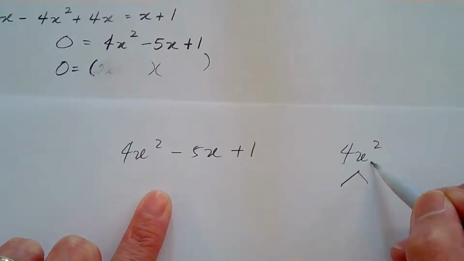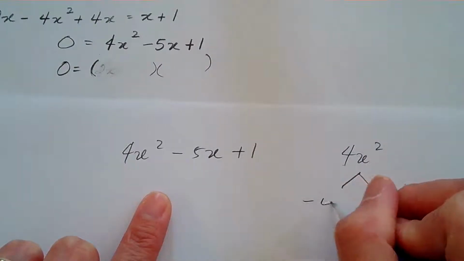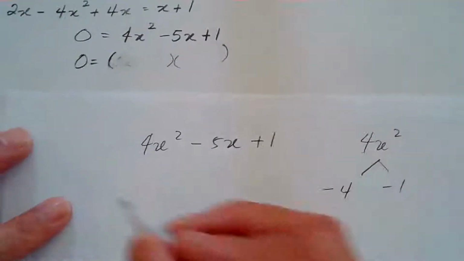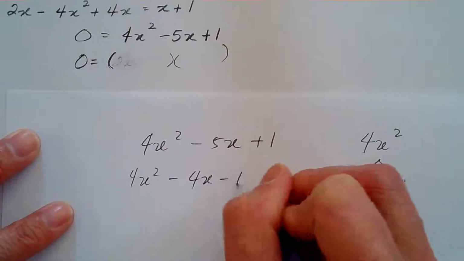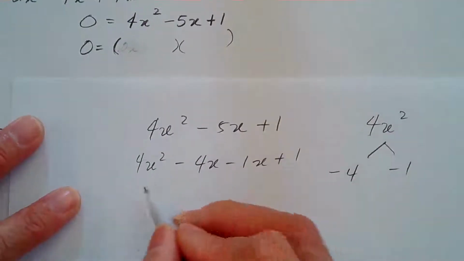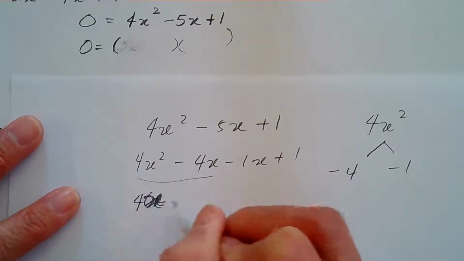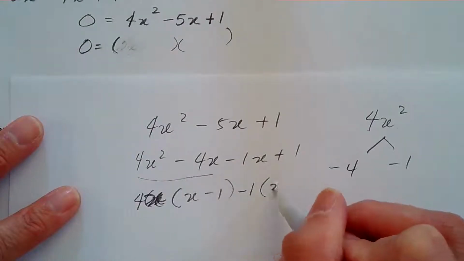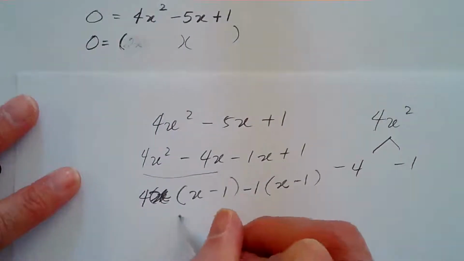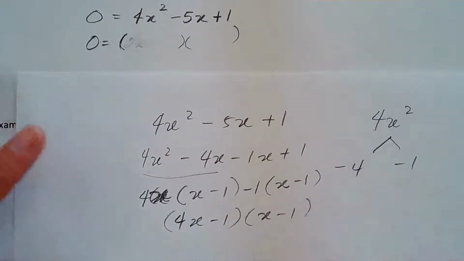Factors of that will give us negative 5x, so it's going to be negative 4, negative 1. 4x is a common factor, so it's x minus 1. Negative 1 is a common factor, so it's going to be 4x minus 1, x minus 1.